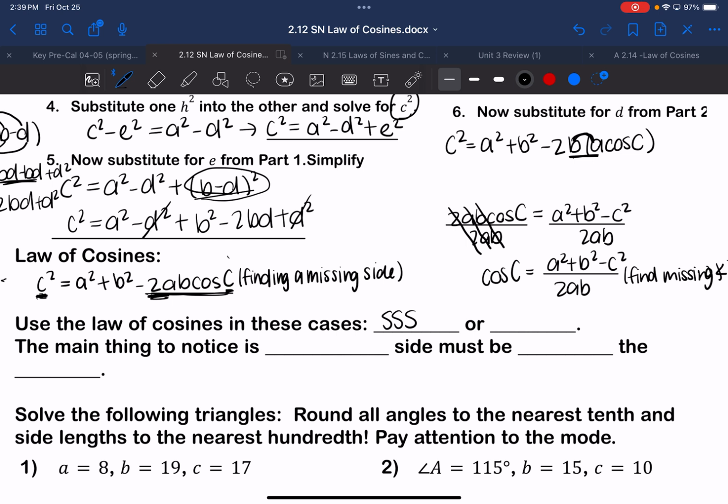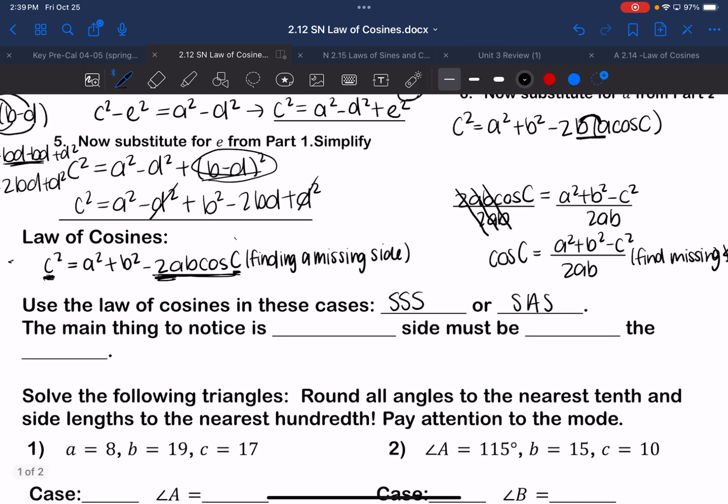Or maybe they do give you one angle, but they don't give you the side across from it, right? Then you are stuck. So that would be the case of side, angle, side. They give you the sides on either side of the angle instead of the side across from it. So if either one of these occur, this is when we have to use law of cosines.